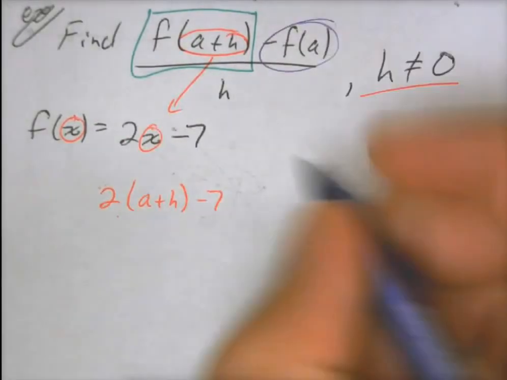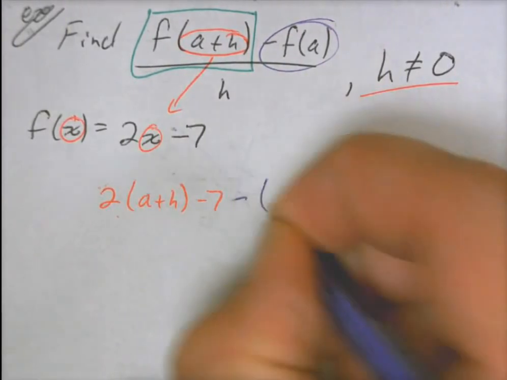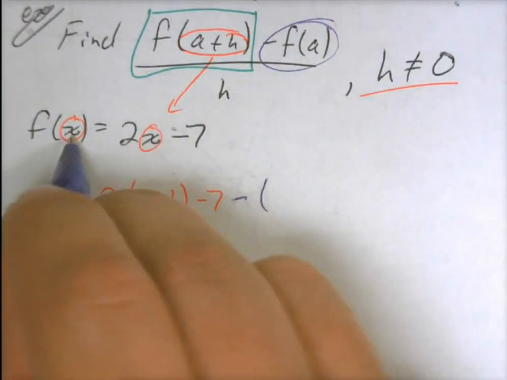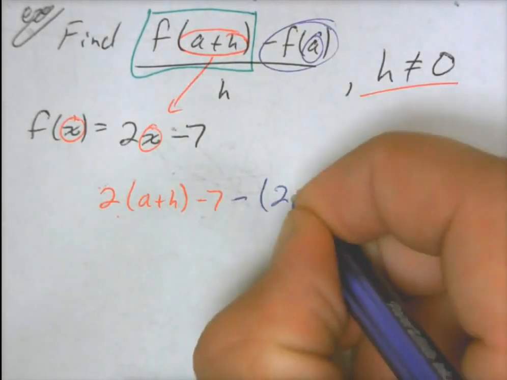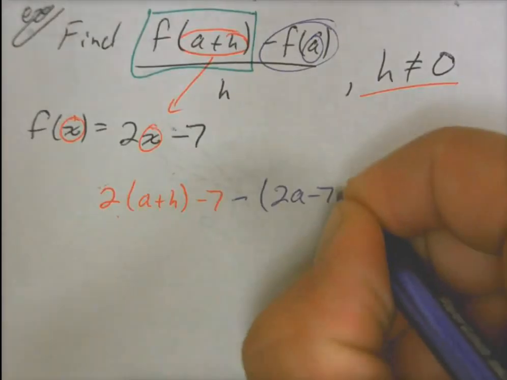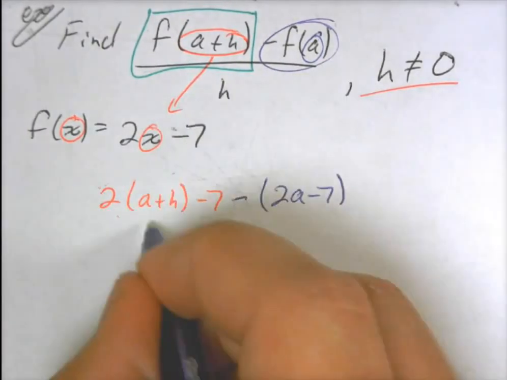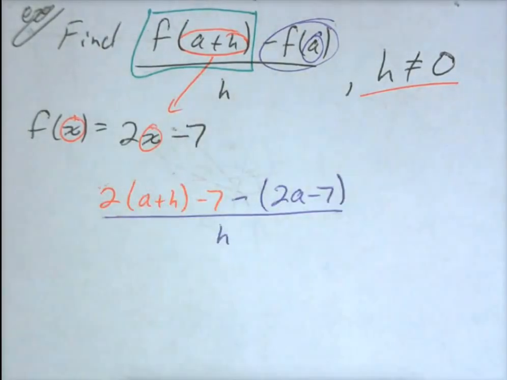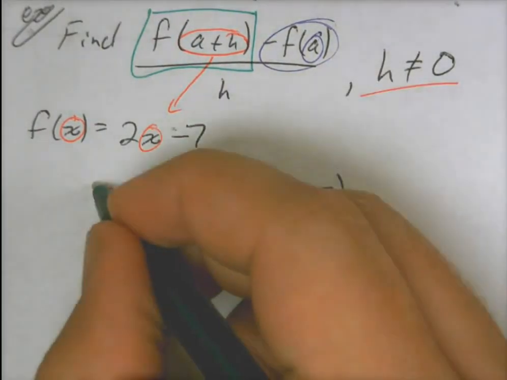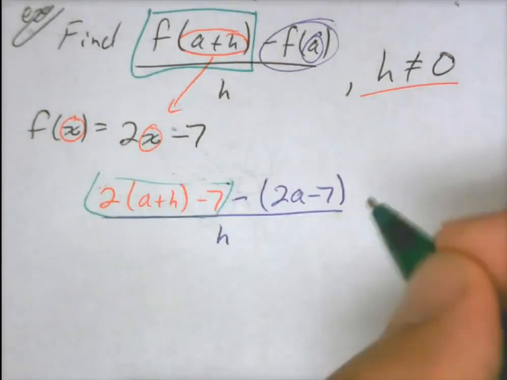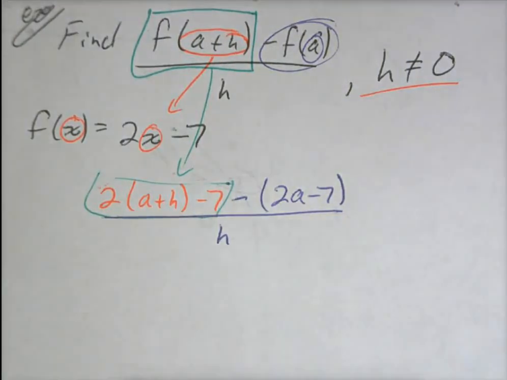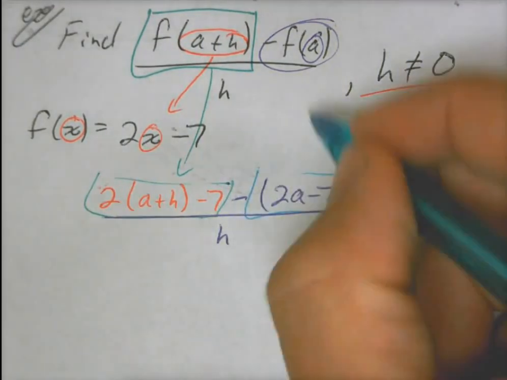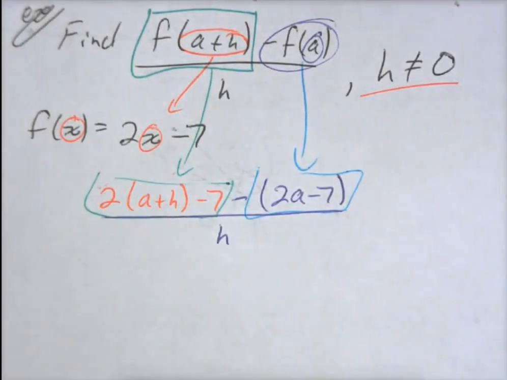I have to subtract f of a, so I will say minus f of a. So instead of x, I will put an a in its place. So 2 times a minus 7. And then it is all over h. Notice this is the first part, and here is my second part, which is just f of a.